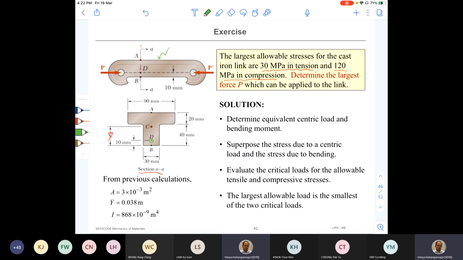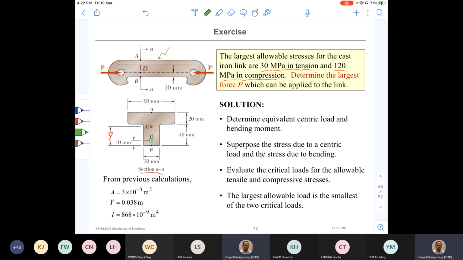Now, again, I'm expecting an answer from you. See whether you can answer that one. So on the top, is it going to be tension or compression? Aha. On the top, it is compression.